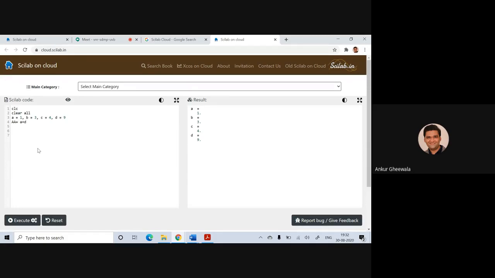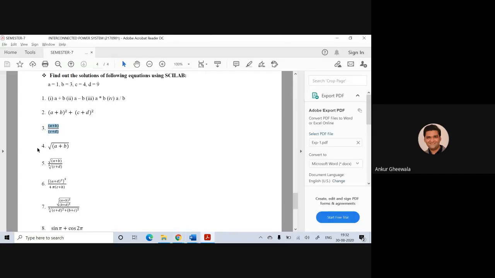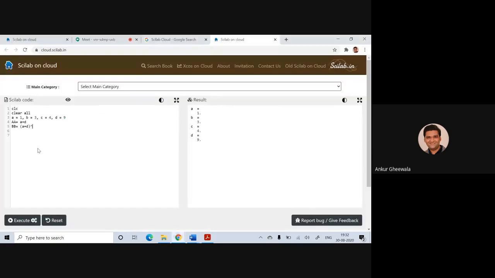Then bb, which is equal to a plus b, a plus b raised to 3. So it will be cube.